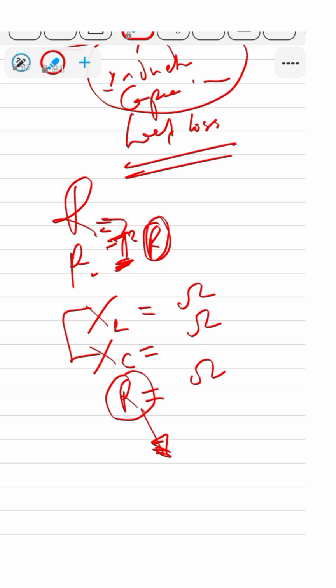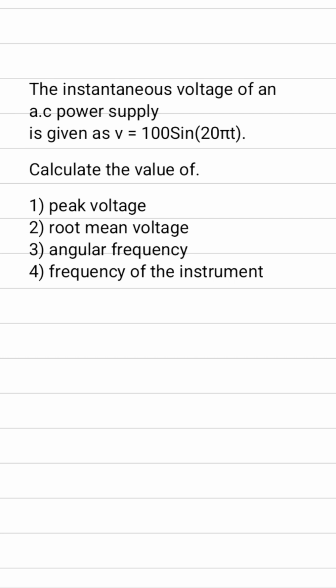So let's take an example with our question, and we're having this first example. This is under AC circuits. In this question, we are told that the instantaneous voltage of an AC power supply is given as this. Then we have to find all these quantities. So let's take it one by one.